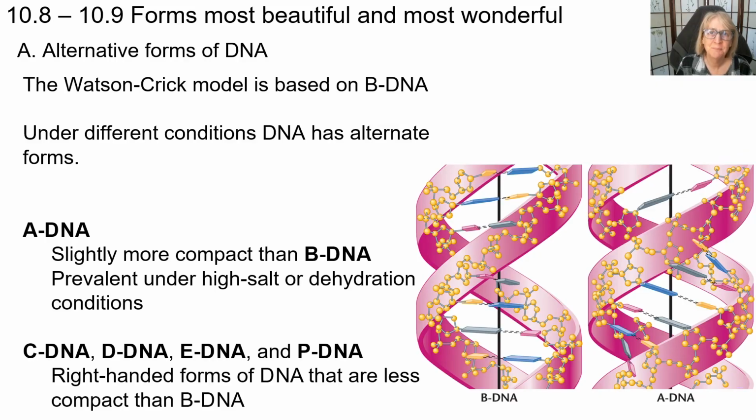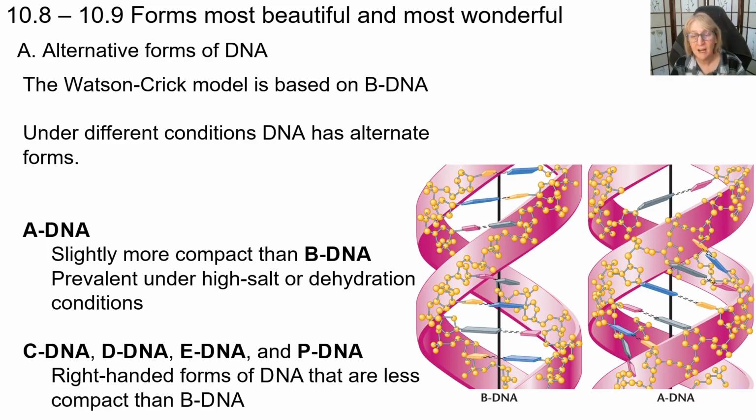Luckily, she probably got lots of pictures of different versions of DNA, but B-DNA is the one that's actually easiest for us to model. A-DNA is a little bit more compact than B-DNA. If I have a lot of dehydration or high salt concentrations, it'll compact down. It's dehydrated.